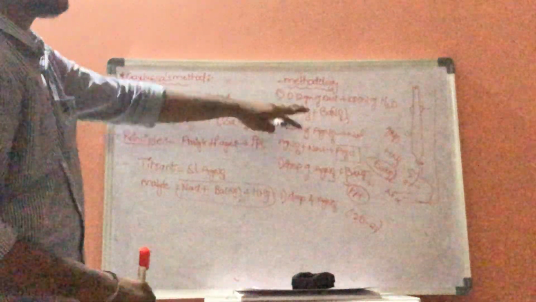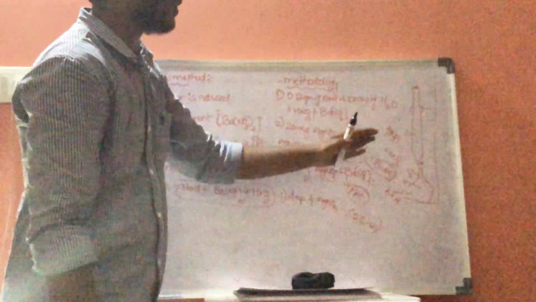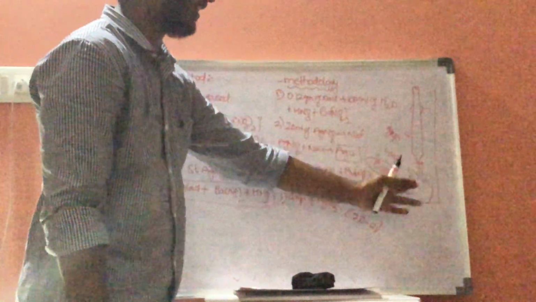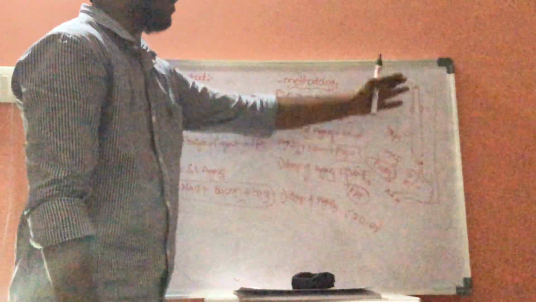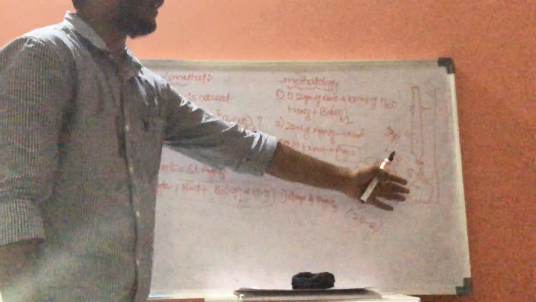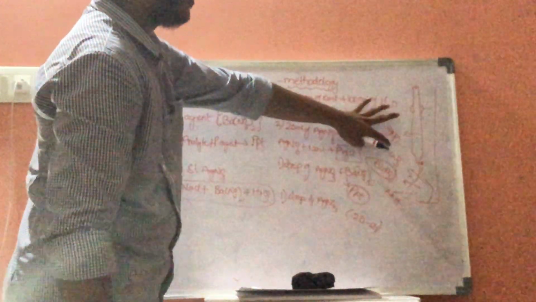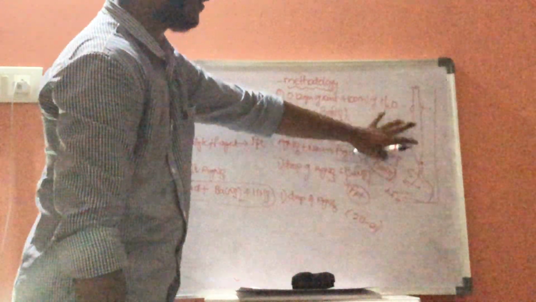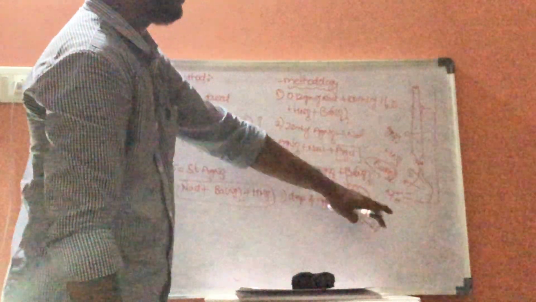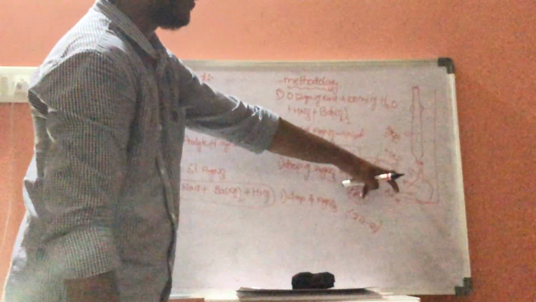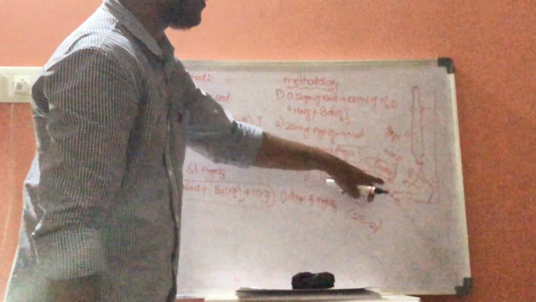In the first method we should add 20 ml of silver nitrate into NaCl. It will react with NaCl and form AgCl as a precipitate, and after this we should add 1 ml of silver nitrate into this sodium chloride and it will form a coagulating substance with barium nitrate.